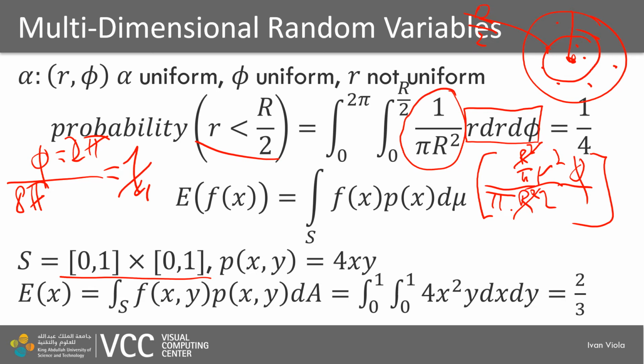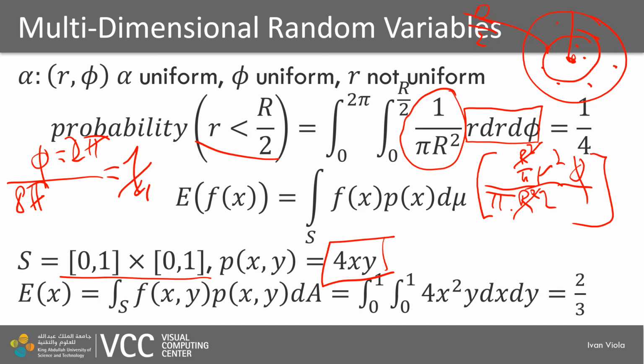If we have a probability density function for x, y, then we can again perform the same calculation of what the expected value on this square will be, meaning what the value of the function is, which in this case is x.